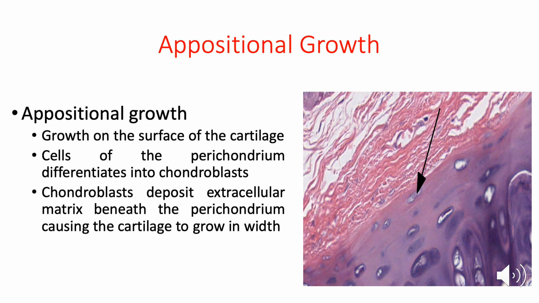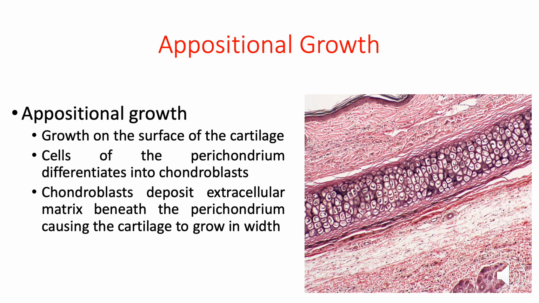And this extracellular matrix will be deposited beneath the perichondrium. So if you have extracellular matrix being deposited underneath the perichondrium, it will cause the cartilage to expand. That's why appositional growth results in the increase in the width of the cartilage.